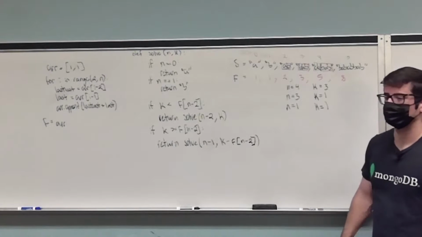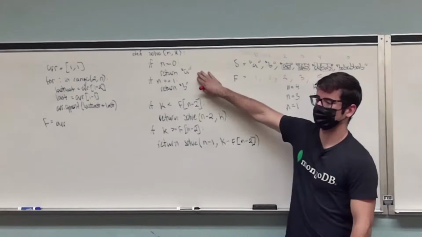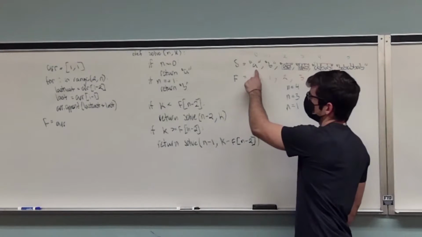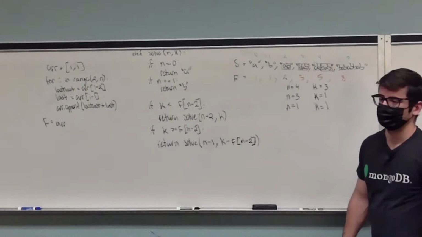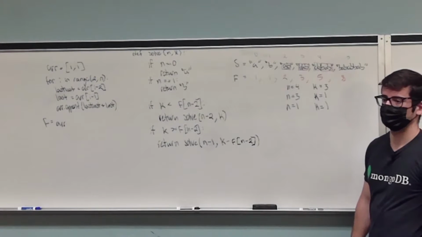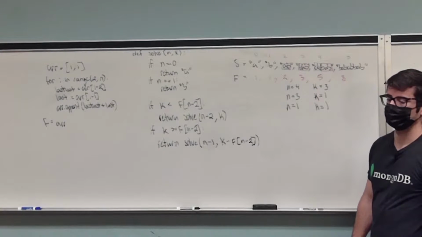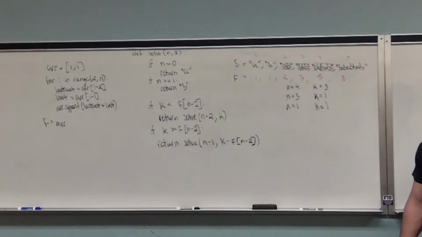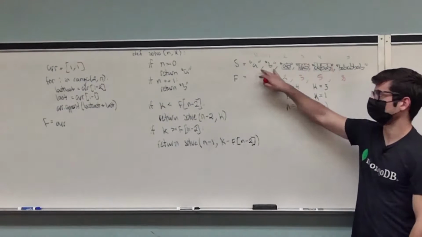If we get to n equal to 0, we just return A. So we just continue breaking it down and down and down, because it all starts from somewhere, and it started from A and B.